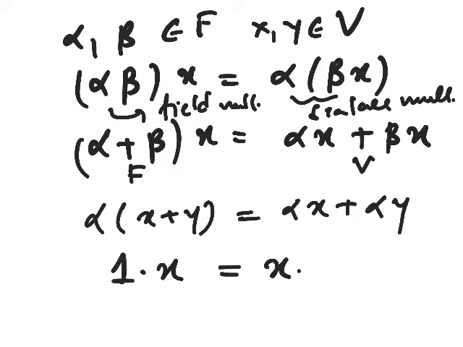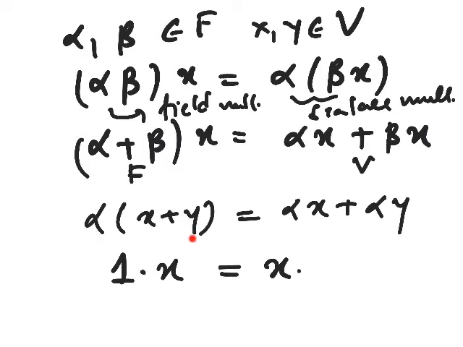Though I have used the same symbol, understand that the meaning is different. This addition happens in the field, whereas this addition is the vector addition. They are two different operators. Be mindful of that. But when we write, we typically don't care about it because we understand what it is. Is that clear?